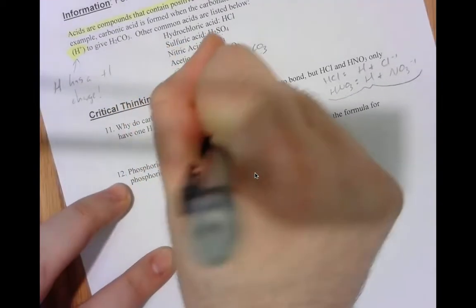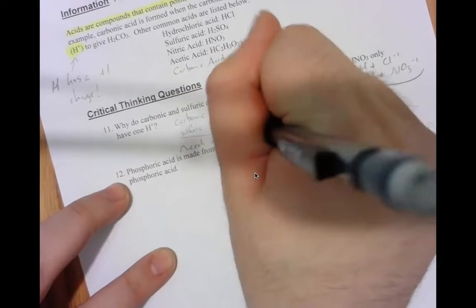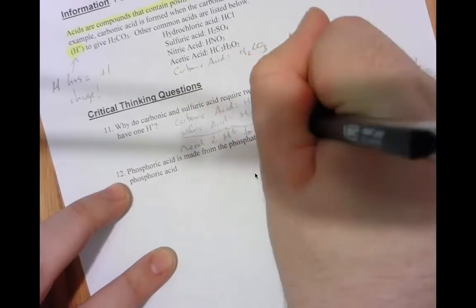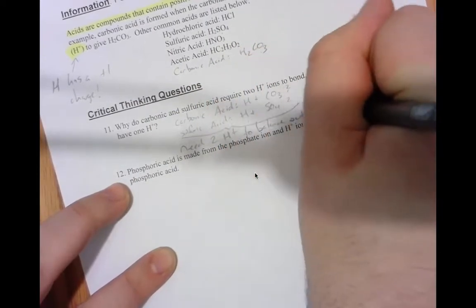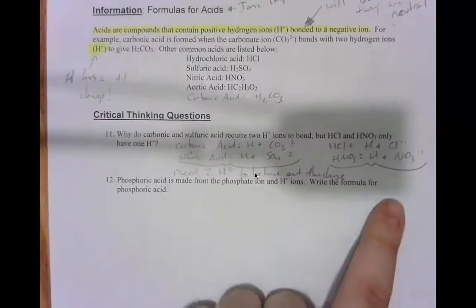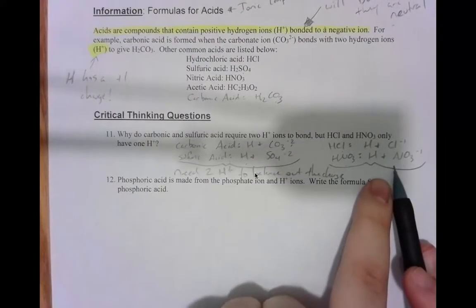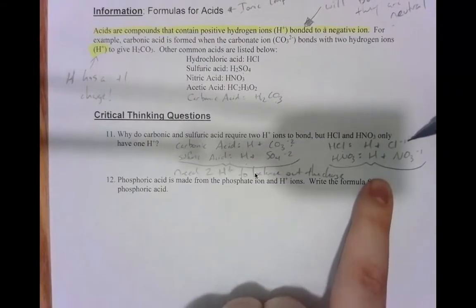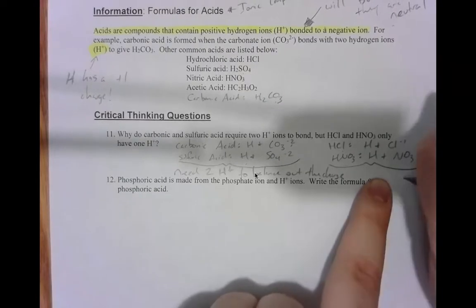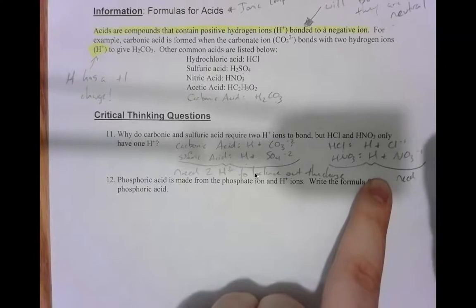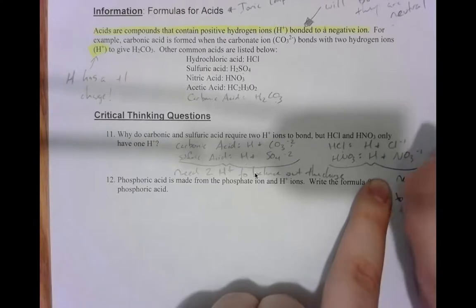So we need 2 H pluses to balance out the charge. The next example, the reason why we only have one hydrogen is because it only takes one hydrogen to balance out the charge, because it's a -1 charge. So in this one, we need one hydrogen to balance out the charge.